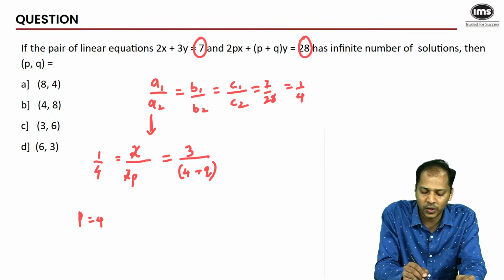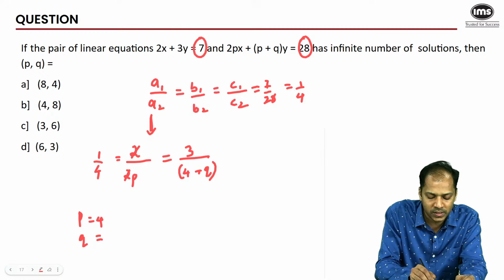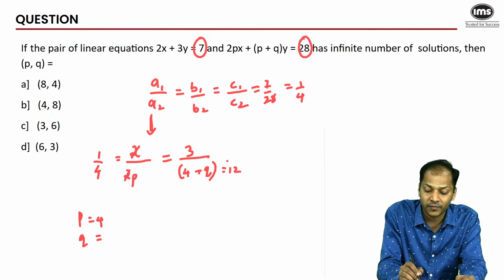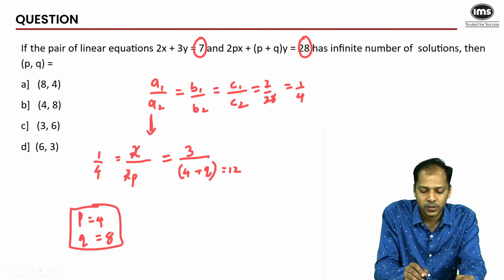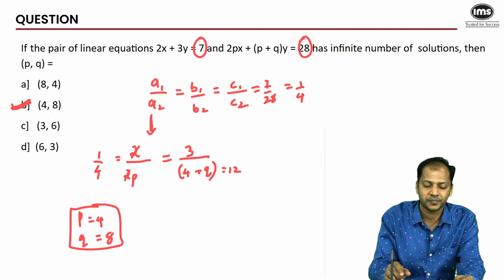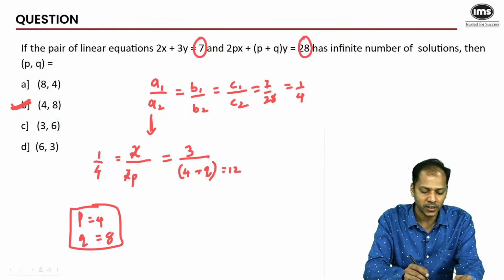Clearly 4 plus q should be equal to 12. Only then this should be 1 by 4. And if the denominator is 12, q would end up being 8. So therefore 4 and 8, the answer would be option B, right? So the answer is option B, 4 comma 8.